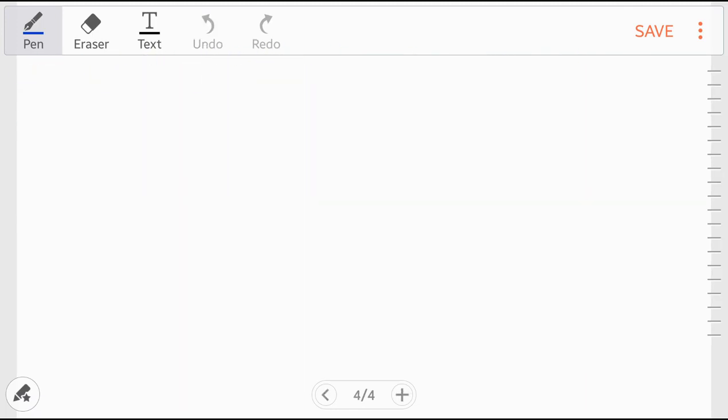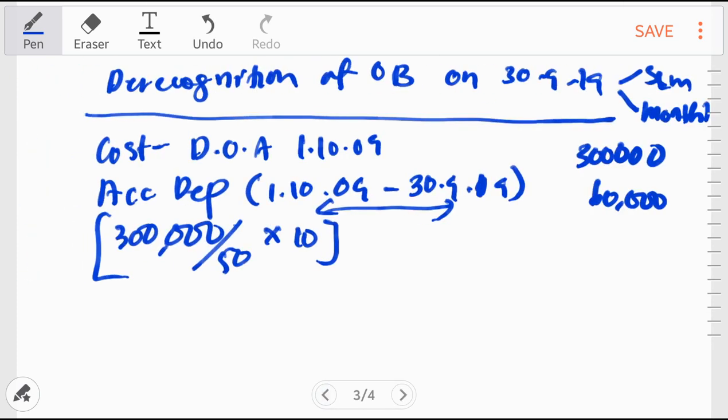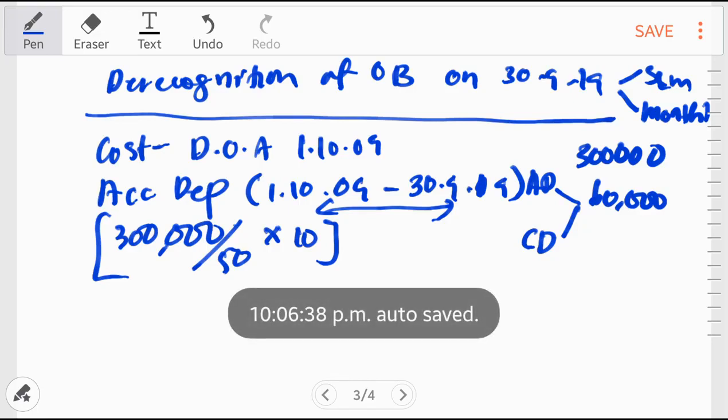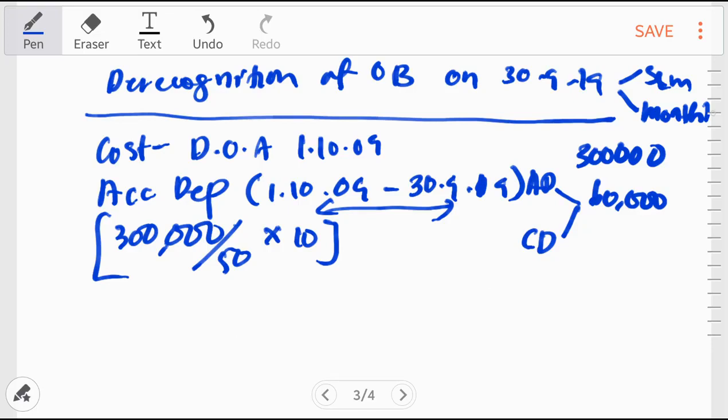Within this 60,000, part of it is the previous years' accumulated depreciation, part of it is the current depreciation, because you use a monthly basis, you still provide depreciation in the same year.